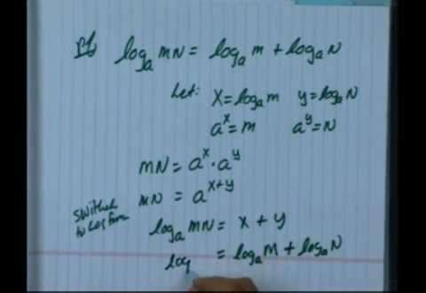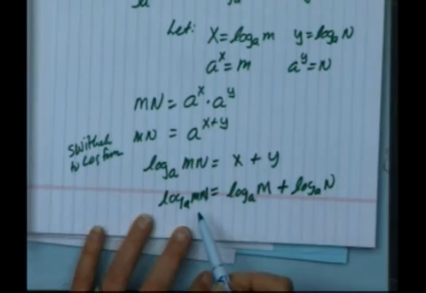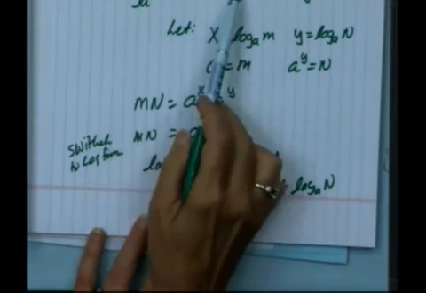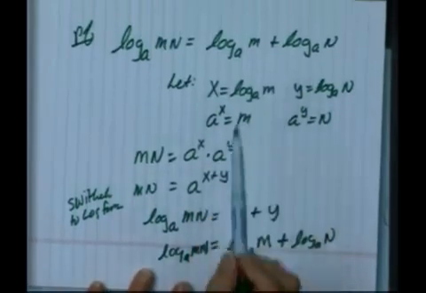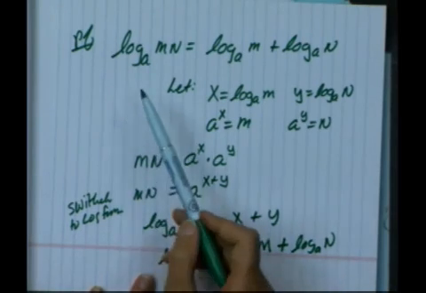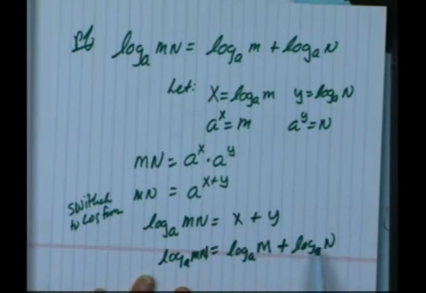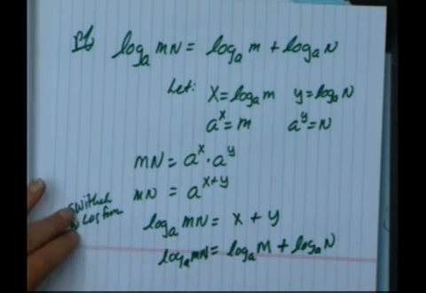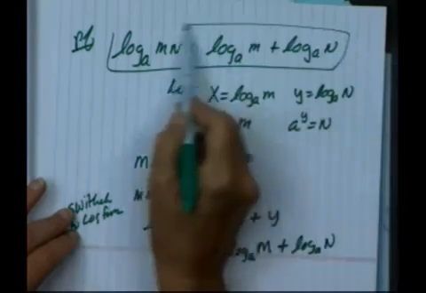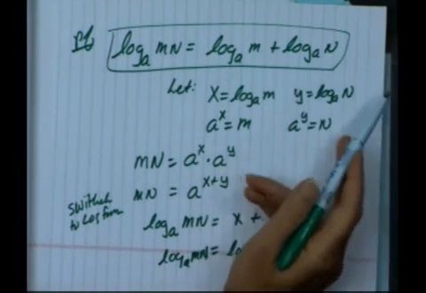And this is a proof to tell us that really what is happening here is, remember, these are exponent kind of deals. It says that whatever your log is equal to is a certain exponent that was in the previous section. It says when I am adding exponents, I'm multiplying like bases. So when you multiply, you're going to add. All right, so that's your first property. Log to the base a of mn is equal to log to the base a of m plus log to the base a of n.